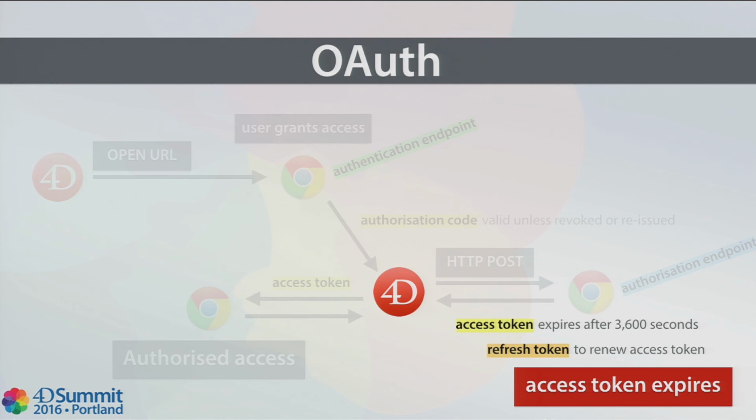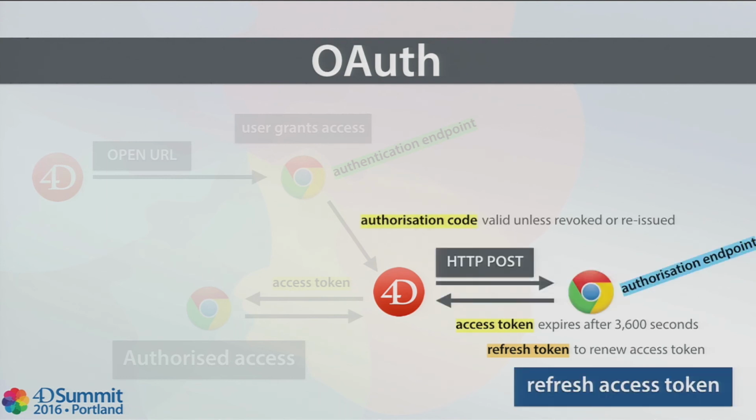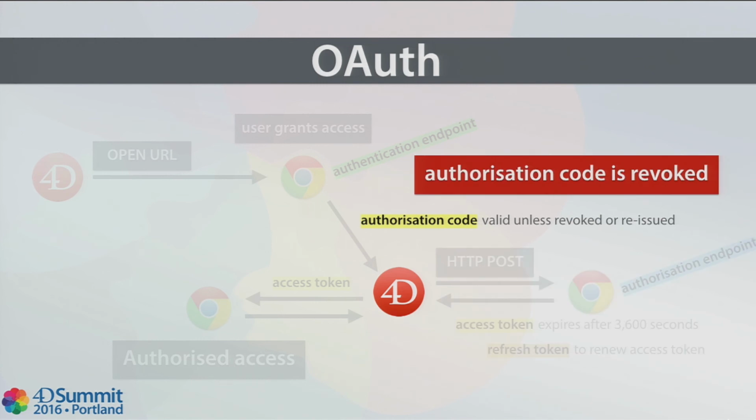And let's say the access token expires, then like I said, you can access the service again and get a new access token. Now, the authorization code, the first piece of information sent by the service, can be revoked by the user at any time. And if this happens, the 4D application can no longer access Gmail, in this example, to do something on the user's behalf.